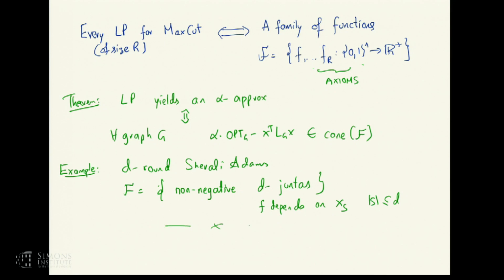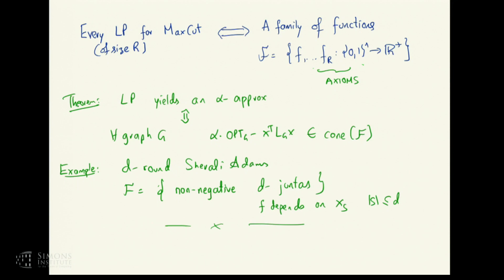So the reason we are able to prove lower bounds in extended formulation is this very simple setup, where when you're writing down an LP, you're trying to pick the axioms. You're trying to pick a small number of functions, because the number of functions is the size of the LP.